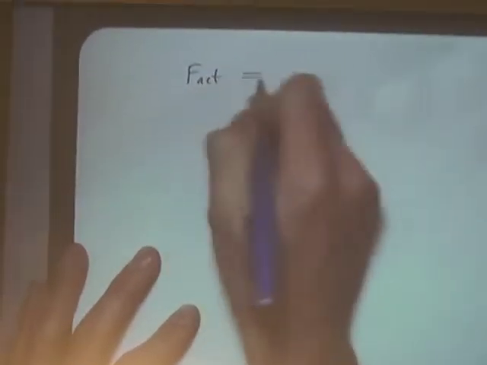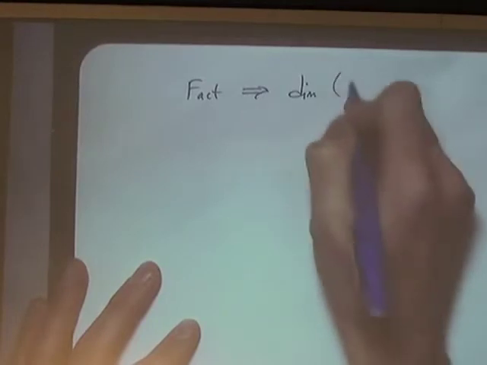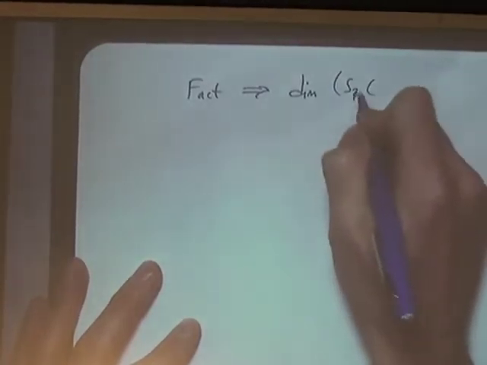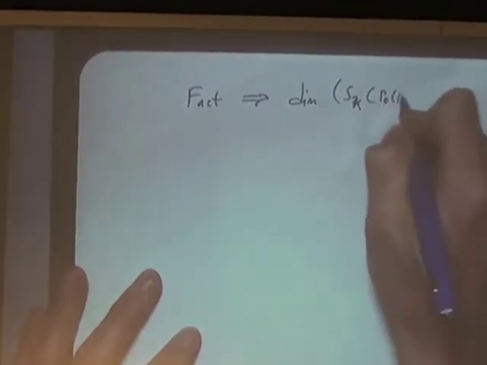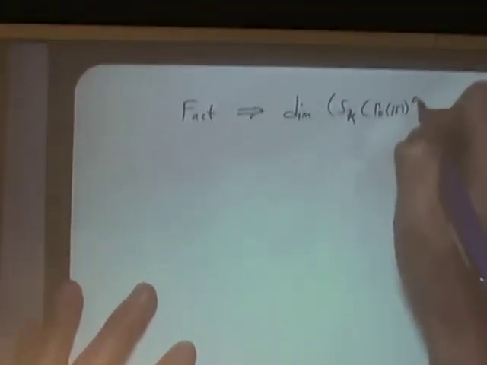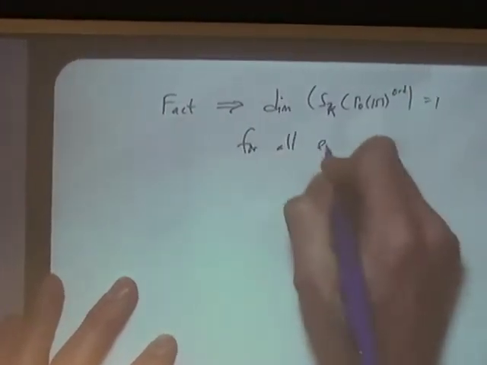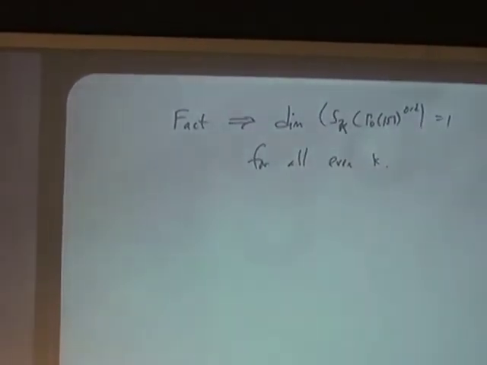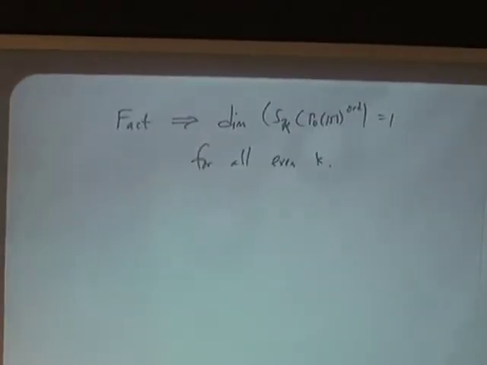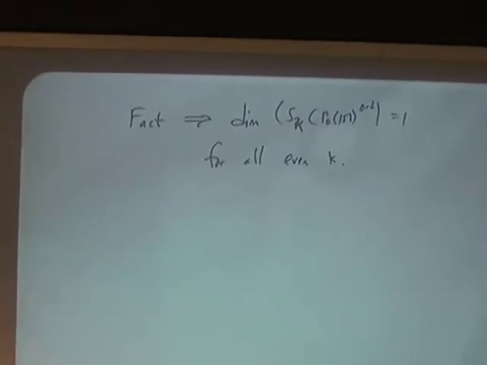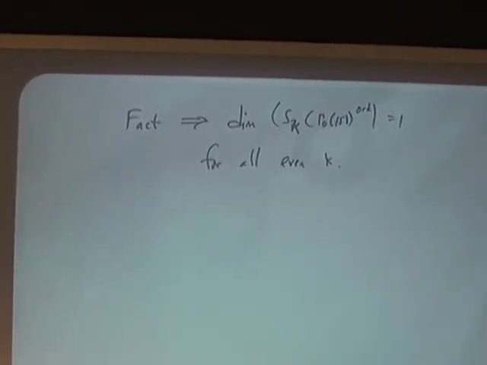So this fact, that the dimension of the space is independent of the weight, implies that the dimension of S_k(Gamma_0(15)) ordinary part is 1 for all even k. And that's a bit of a phenomenal statement because as you vary k, let's say k increases, those spaces get larger and larger.